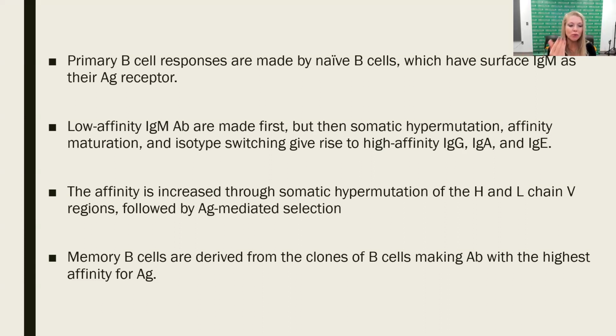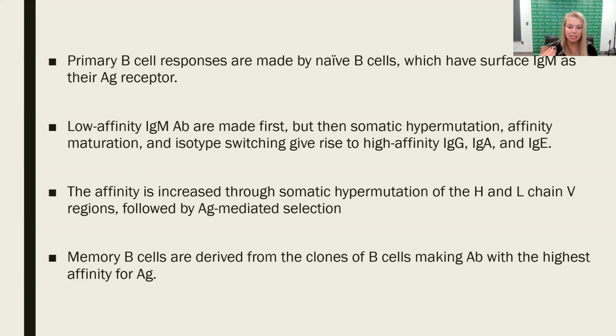And then isotype switching occurred. So T follicular helper cells told B cells, okay, here's a signal, switch to IgG, switch to IgA, potentially IgE, depending on the type of pathogen. And so it took some time for that to happen. And the affinity of antibody increased across that timeline.